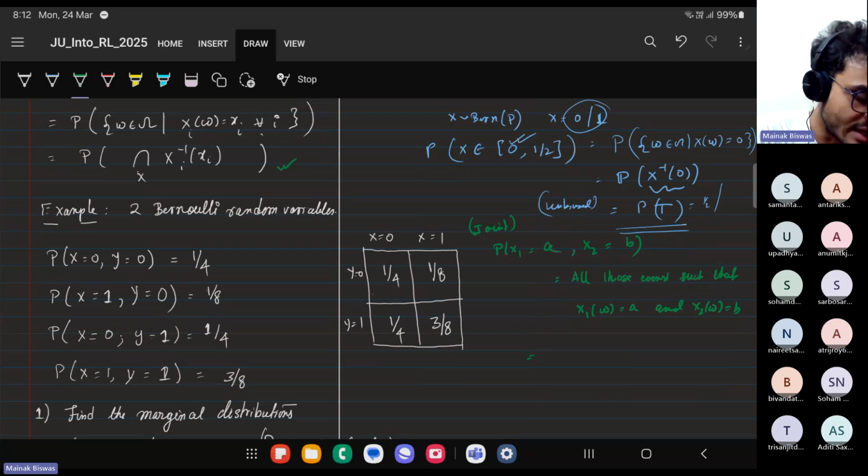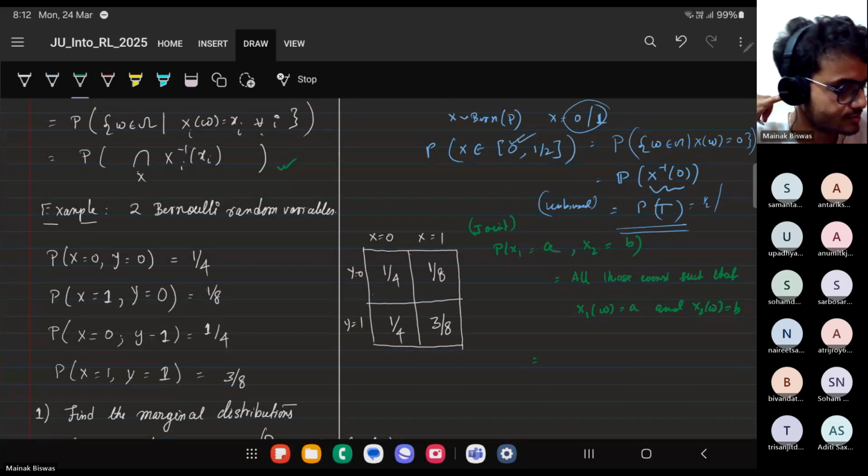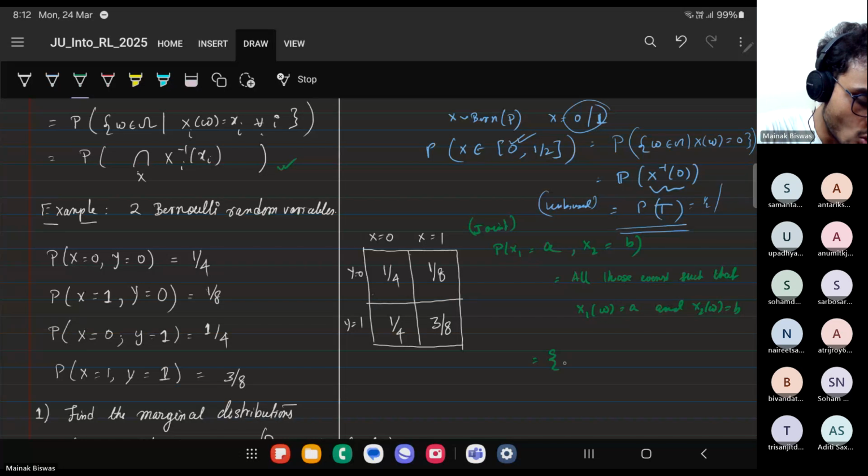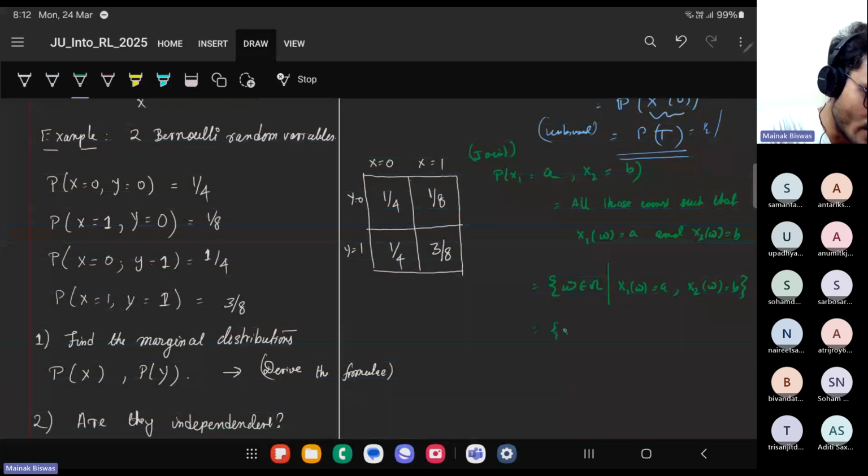In set theory notation, I can write this as omega belonging to the sample space such that x1 of omega equal to a, comma, x2 of omega equal to b, right? Which is equal to omega belongs to omega, x1 of omega equal to a, intersection omega belongs to omega, x2 of omega equal to b.